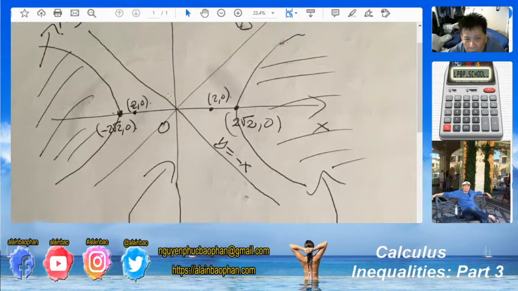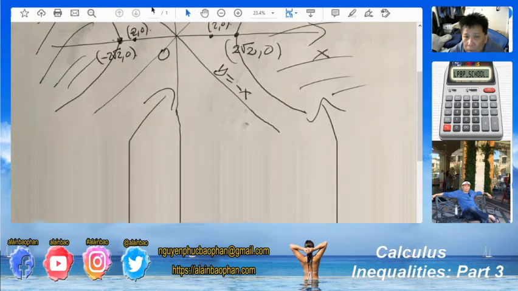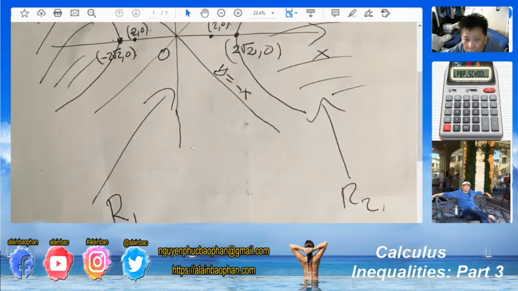R1 is the middle region, R2 is the right hand side region, and R3 is this region.